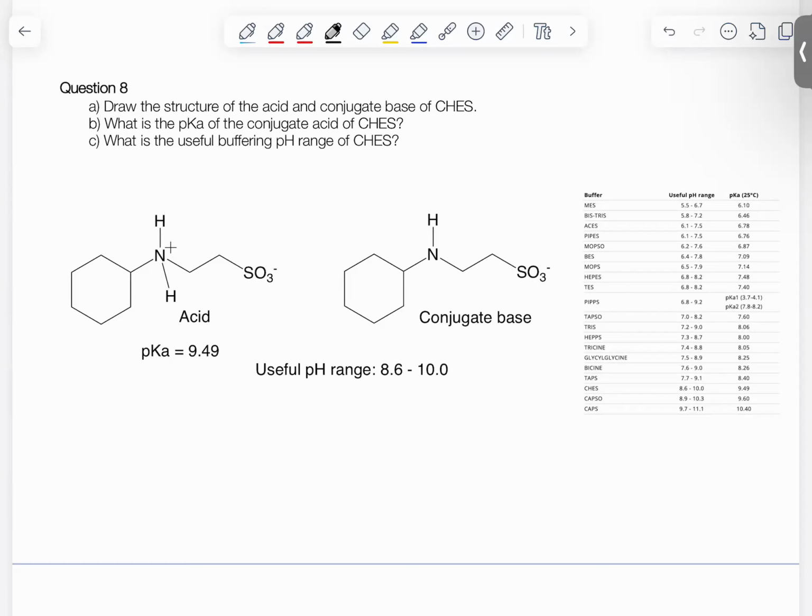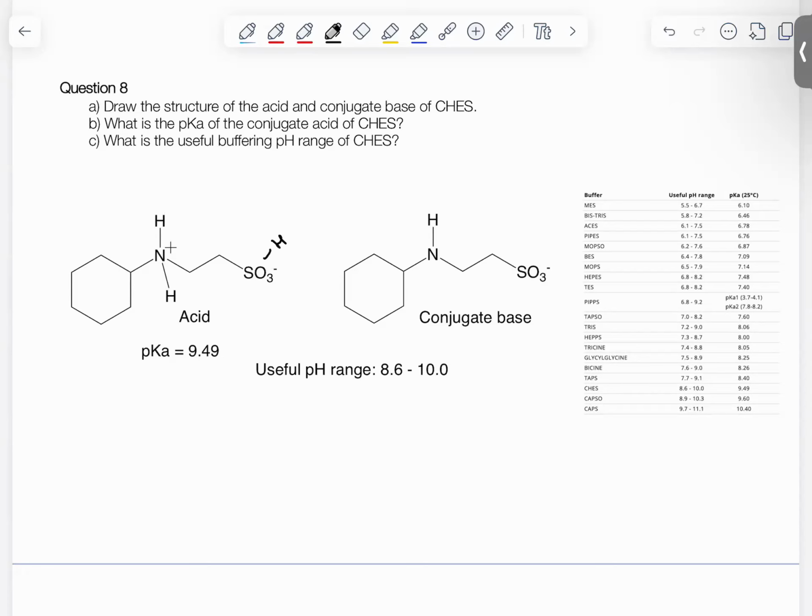So look up the structure of the acid and conjugate base for the buffer, and then look up the pKa, which was in the slides. The acid that I found put the acid on the SO3.